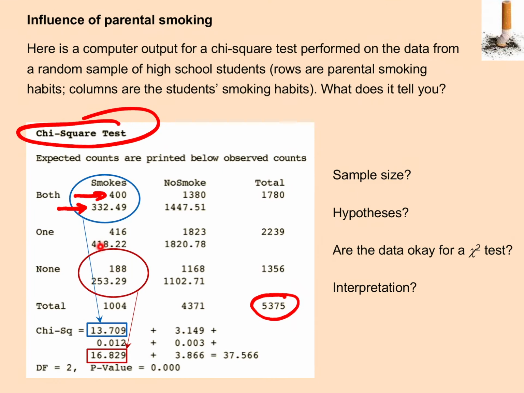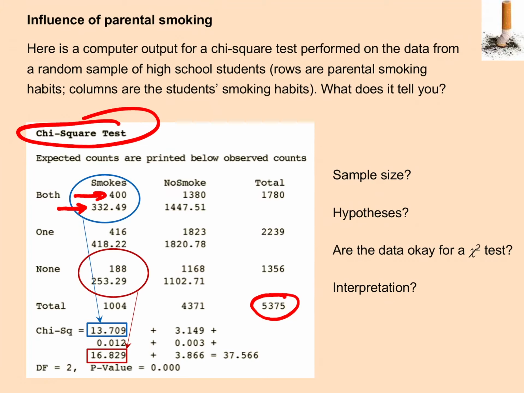Look for student smokes and one parent smokes. There's almost no difference between what we see and what we expect. For students not smoking and both parents smoking, not as much difference between what we see and what we expect. Same is true here for no smoking for students and one parent smoking. So you're comparing the observed minus the expected to see what the difference is.